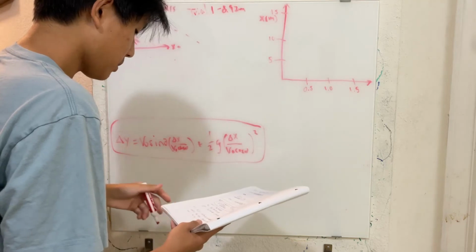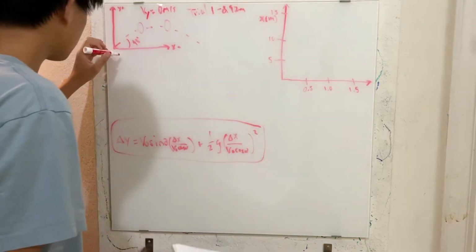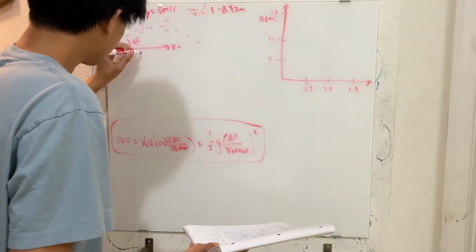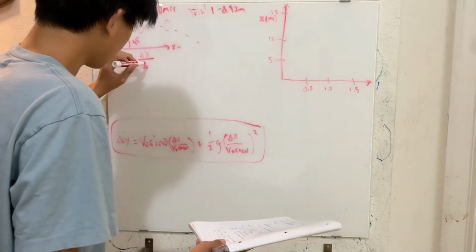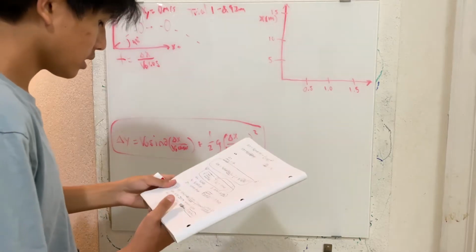So from there, we're just going to do something similar. We're going to write t equals delta x divided by v naught cosine again.